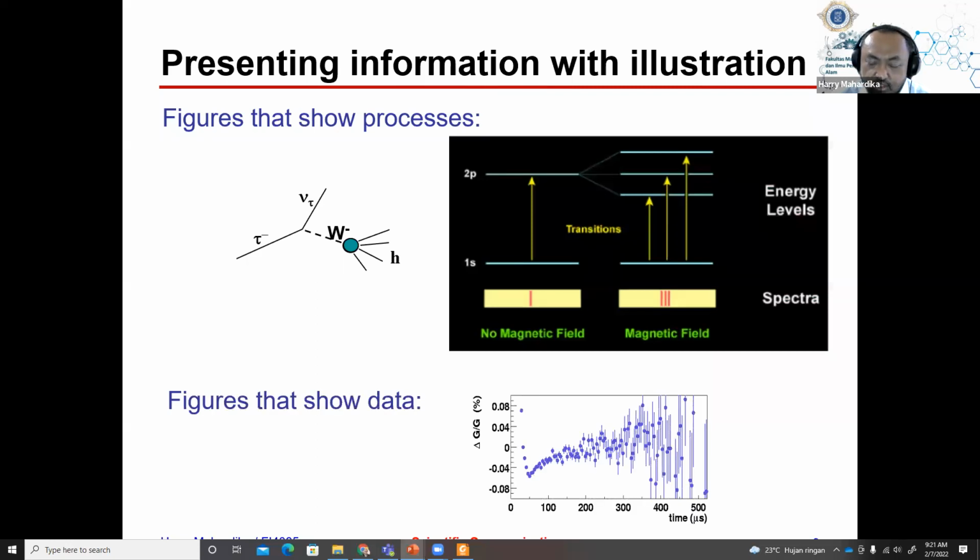And then a figure that shows data, and this is a time series of, I'm not really sure, delta G over G here. So it's some kind of dimensionless quantity that is presented in percentage over time.